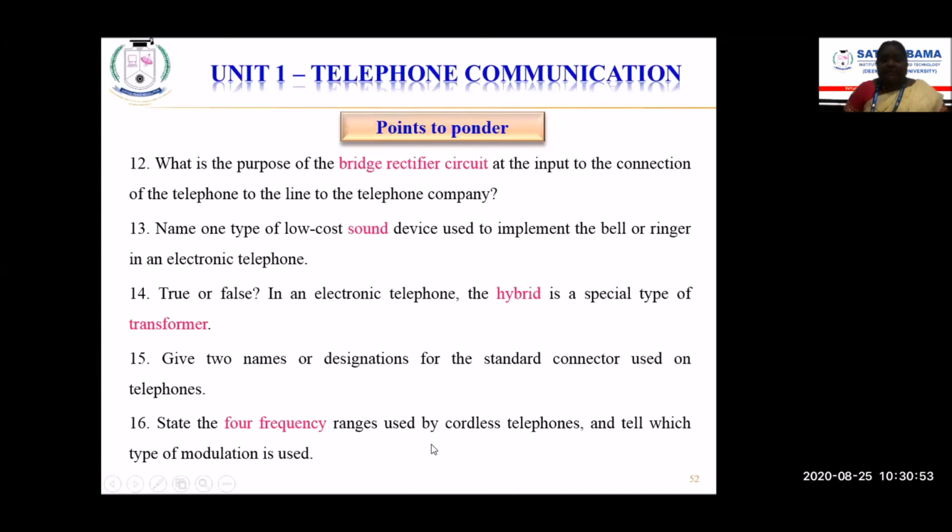What is the purpose of the bridge rectifier circuit in the standard telephone? Okay, many of you have answered. Very good. I appreciate your involvement here. That frequency you need to find. When you press the hash button, what is the frequency of the signal that is being generated?